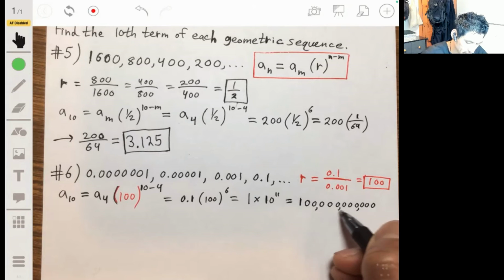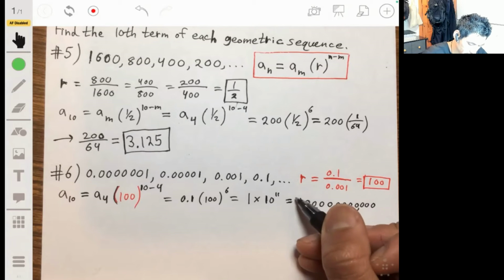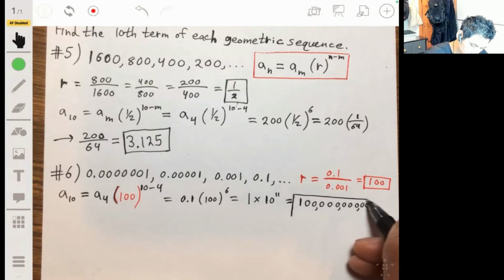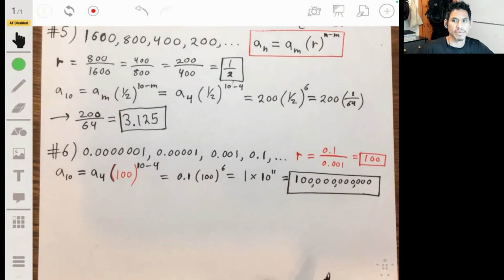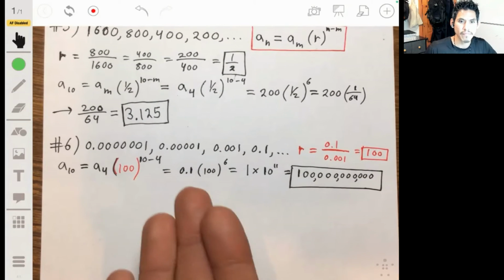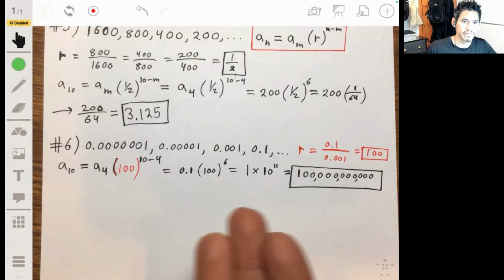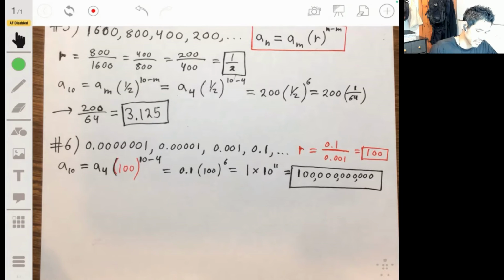That's going to be 100 billion. It's going to be common to have to use scientific form when you're dealing with geometric growth, because things can get very, very small and very, very big.